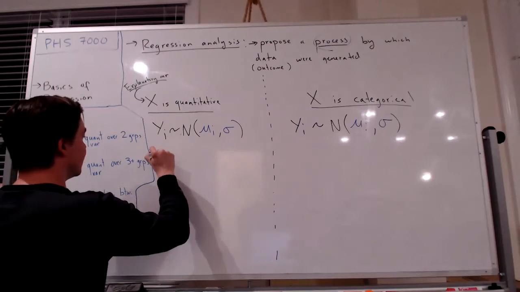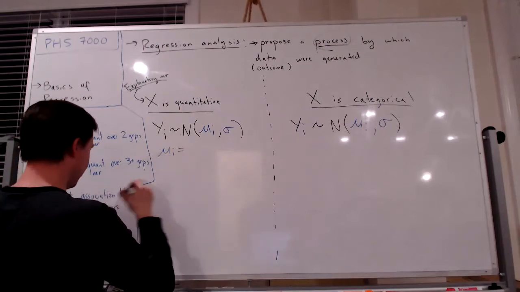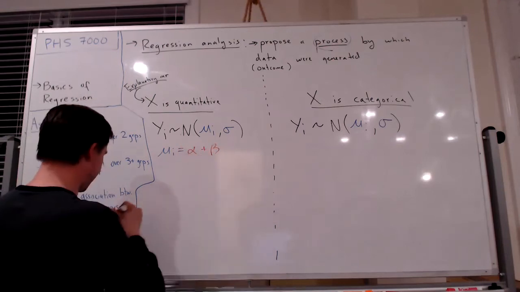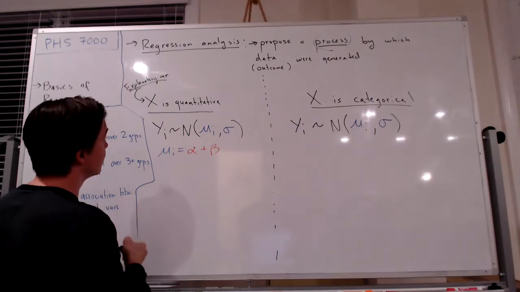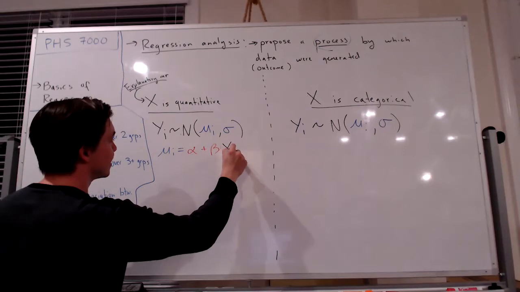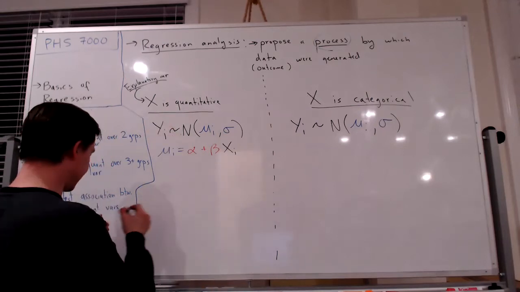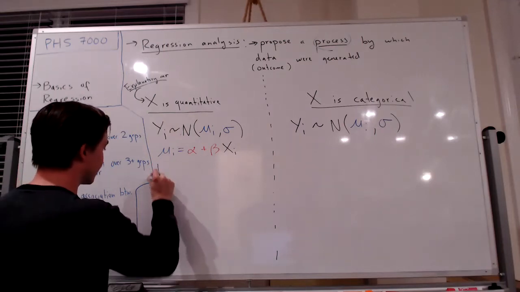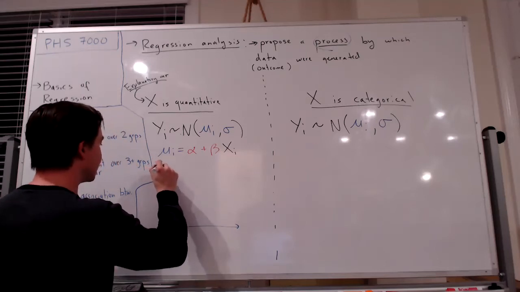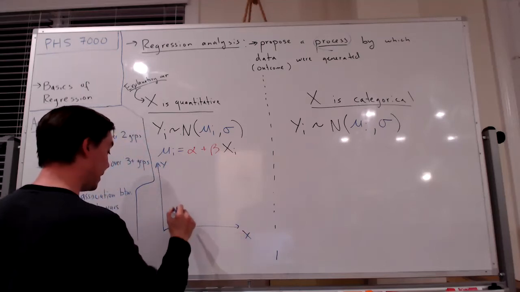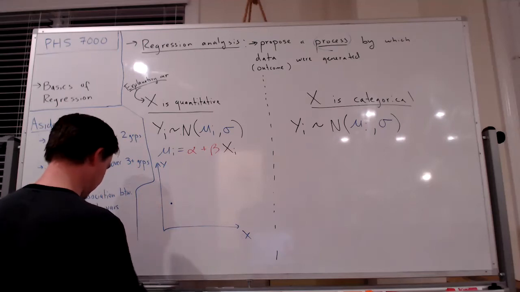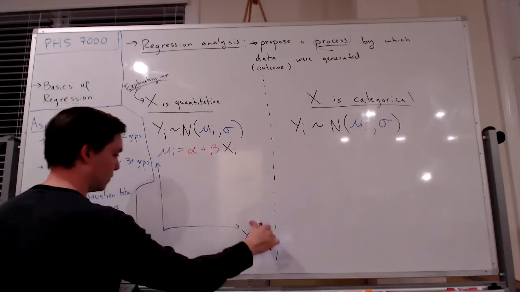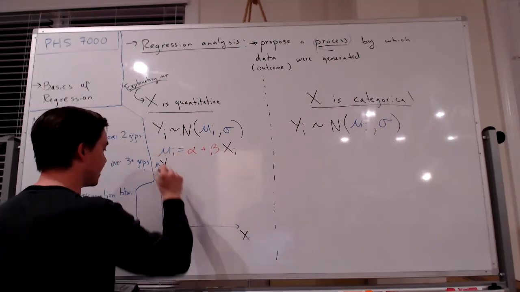X is quantitative, so that means that my mean mu is alpha plus beta xi. All right, and so the picture that people usually think about when they think about a regression analysis is, this is my measured data, so I'm going to use the black marker here. These are things that I have observed.